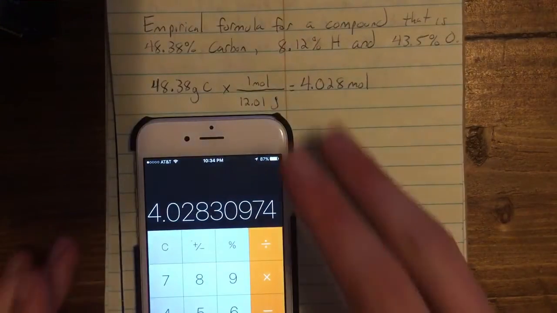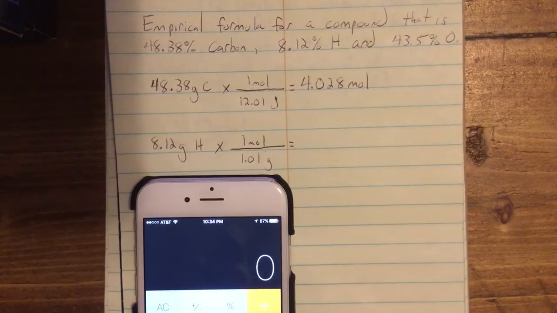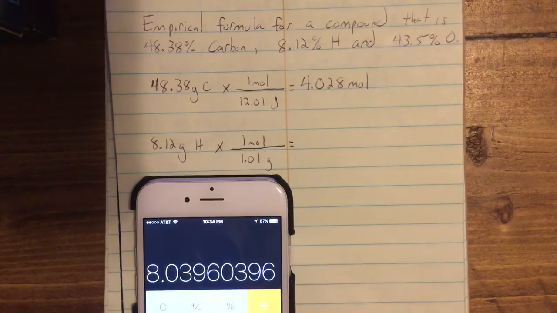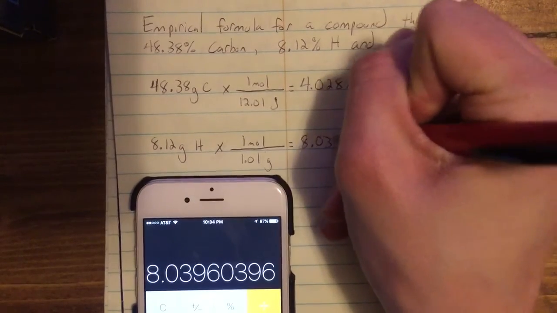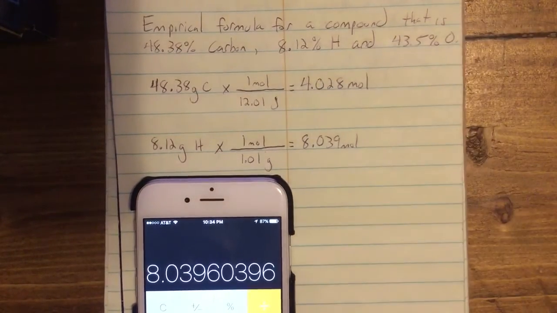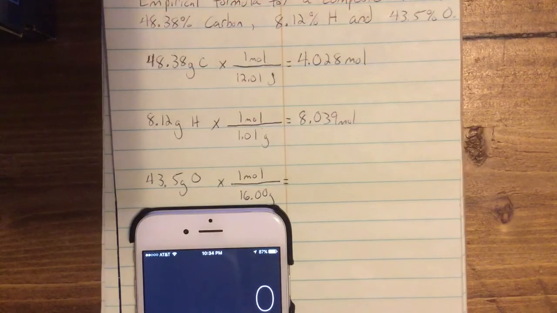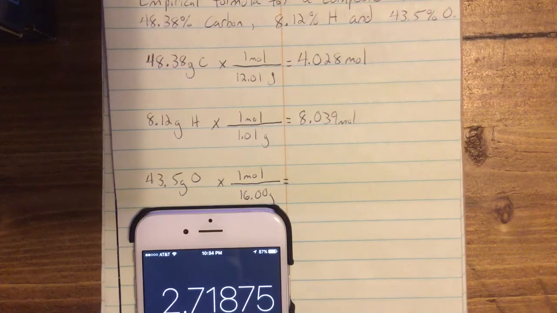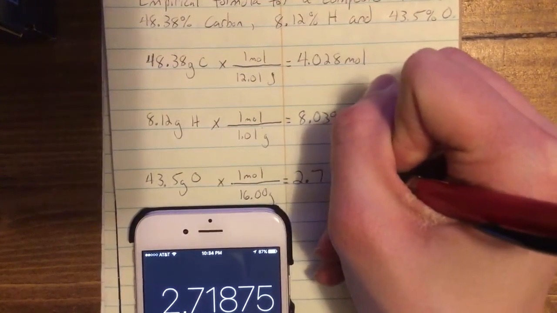We can wait till round until the very end. Next we have 8.12 divided by 1.01. So this is 8.039 moles. And then finally we have 43.5 divided by 16, and you get 2.718.